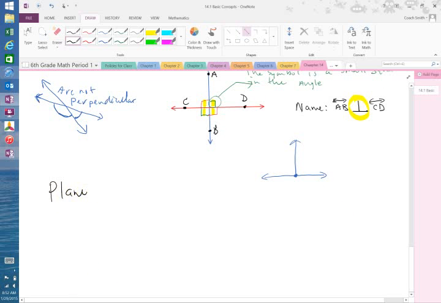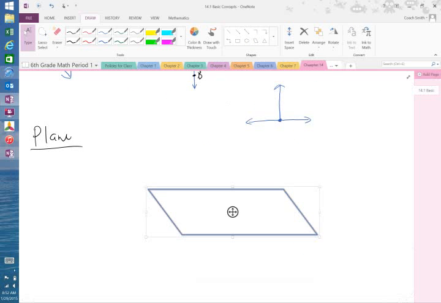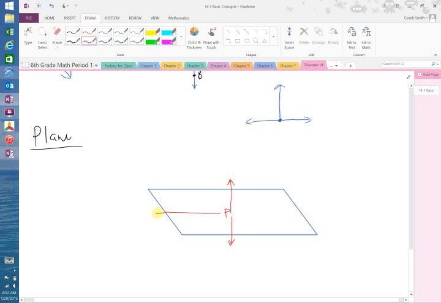A plane. Okay. Like a line, a plane extends forever. Okay?